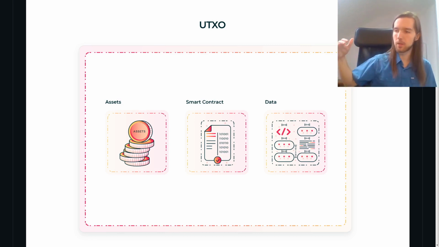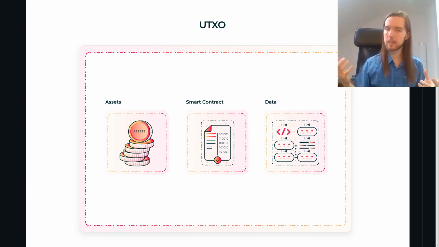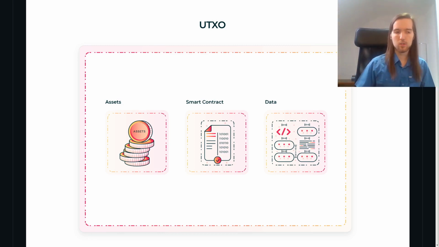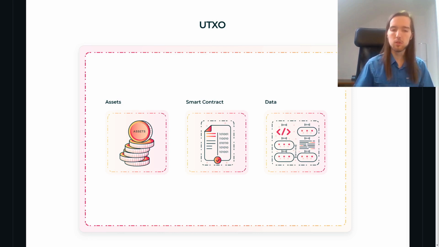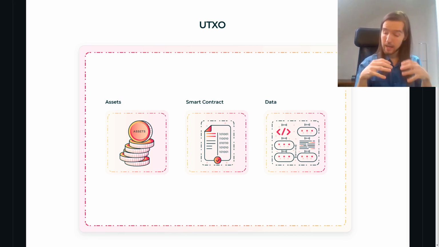But we're in this phase where we see everything is developing, growing, and we have some solutions to problems that are plaguing the account-based world. And that's why the extended UTXO model and the future from a technical perspective for both Ergo and also for Cardano seem very bright, because we really do see there's a lot of untapped potential that lies in wait in these extended UTXO based systems.